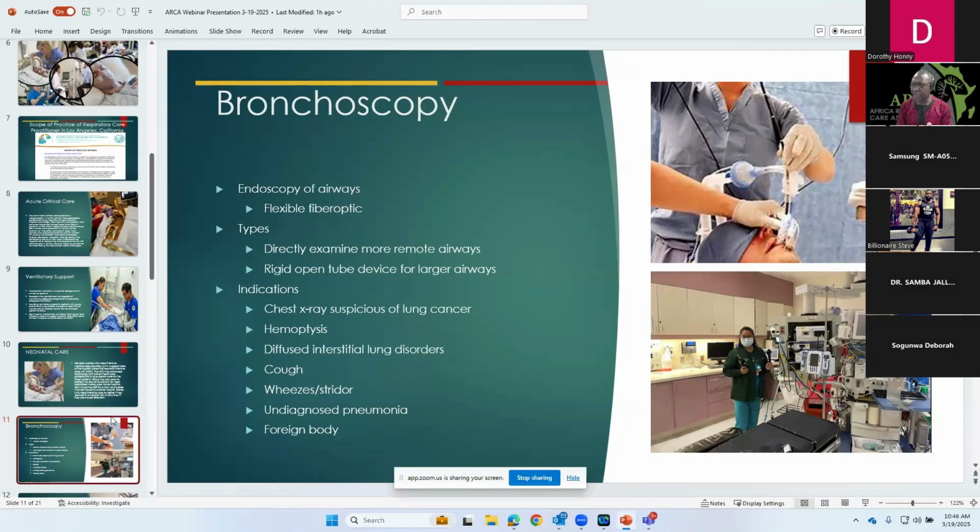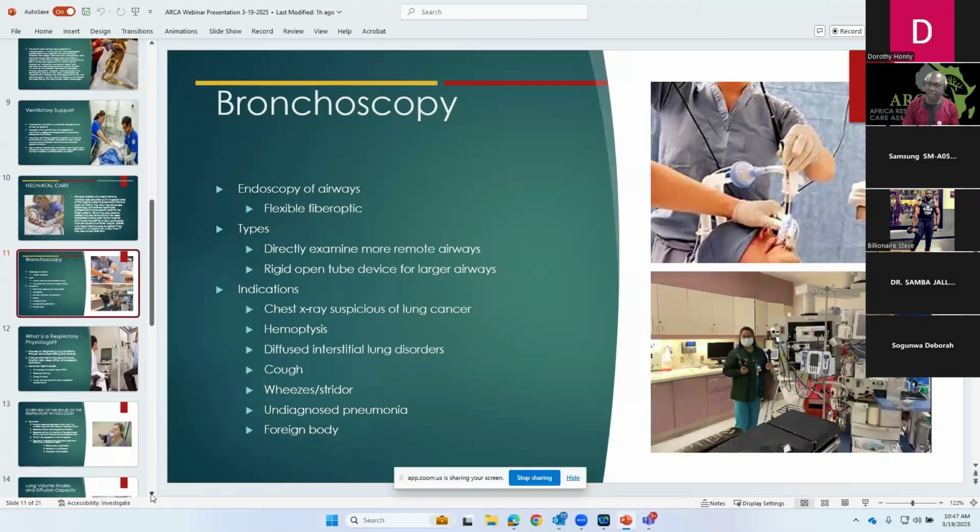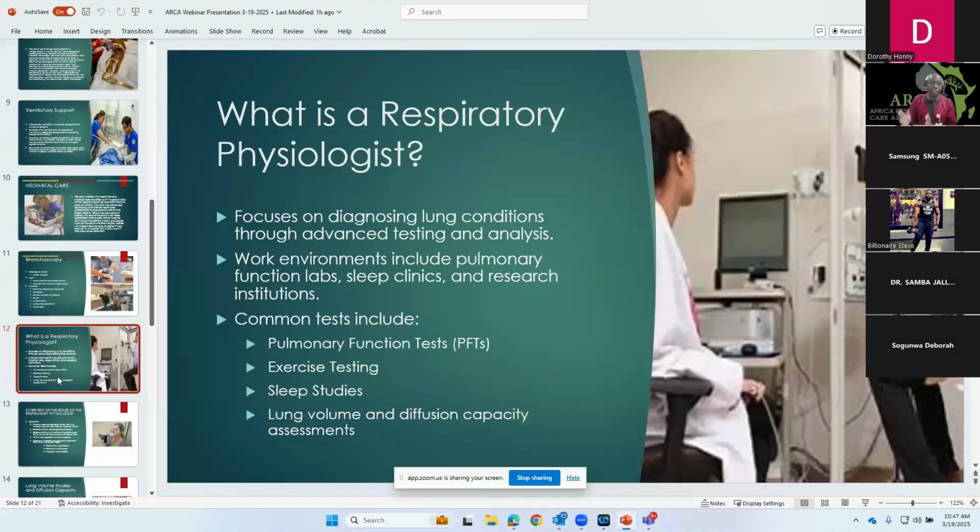So I know that some of these things may be a little bit high level, but I want to switch over now to respiratory physiology, where respiratory therapists also work, performing the role of a respiratory physiologist.